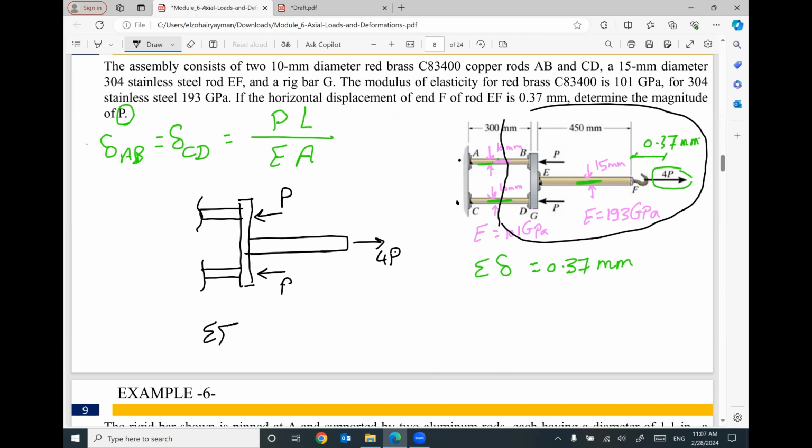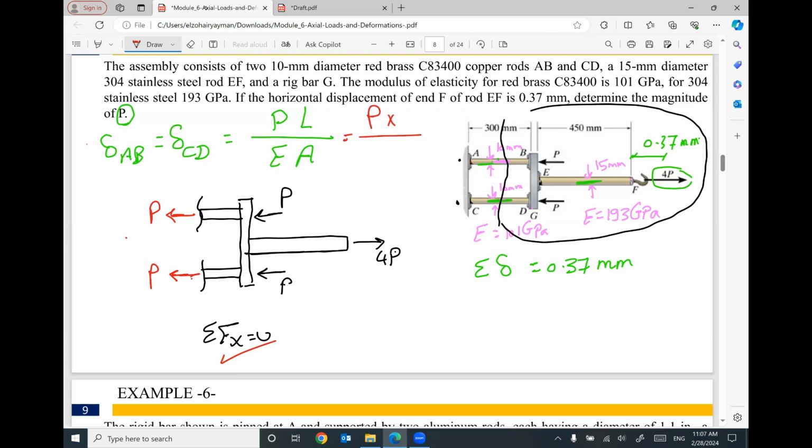If you apply summation of Fx equals 0, we will have 4P in this direction and 4P in the other direction, so we have equilibrium. So the force in bar AB, for example, will be P.